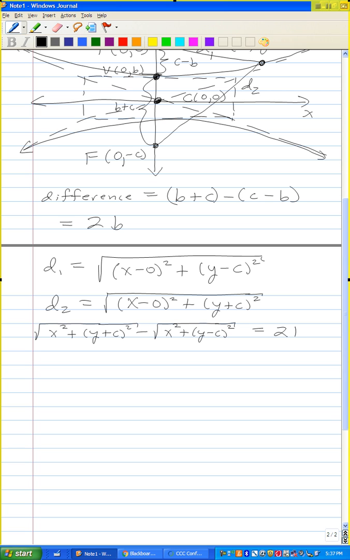equals 2b. In reality, I should have absolute values here, in which case my stipulations about them being positive really don't matter.